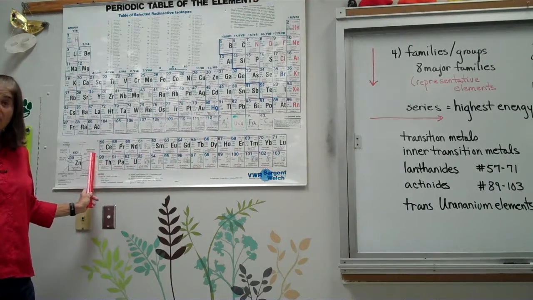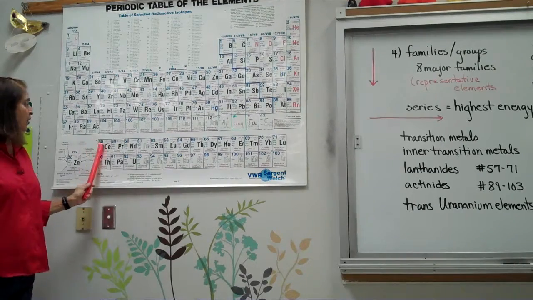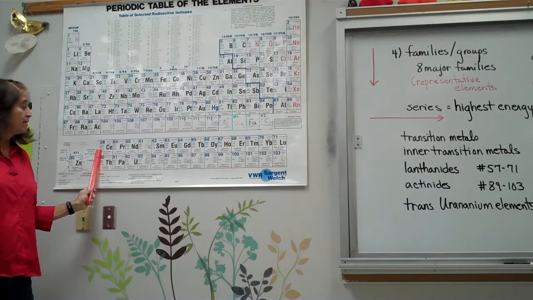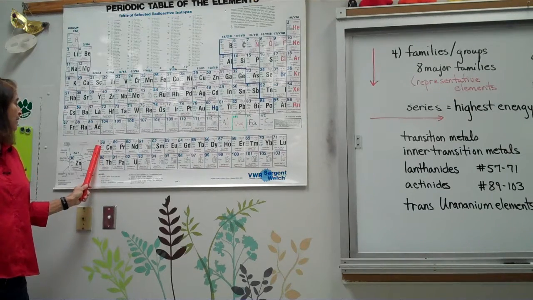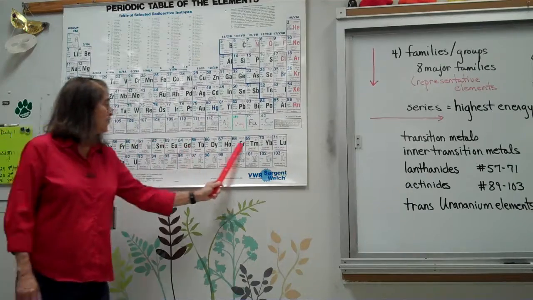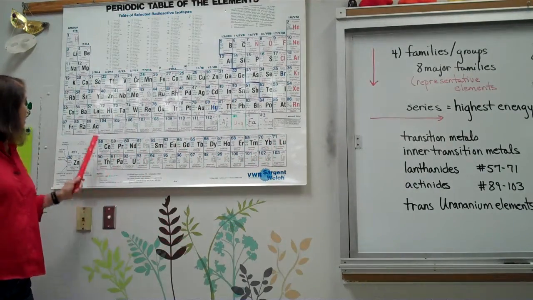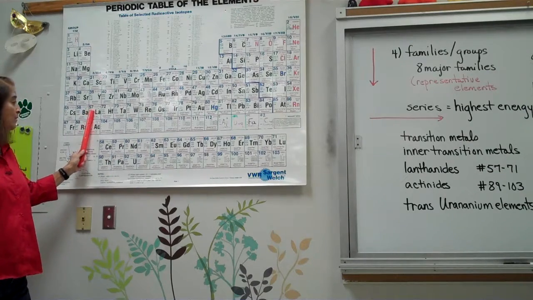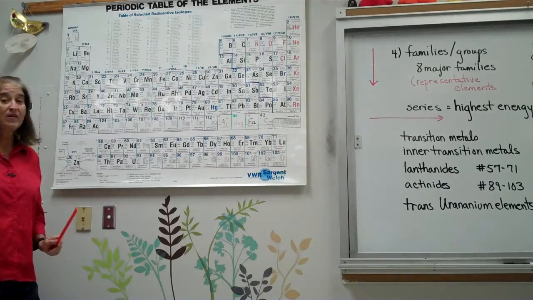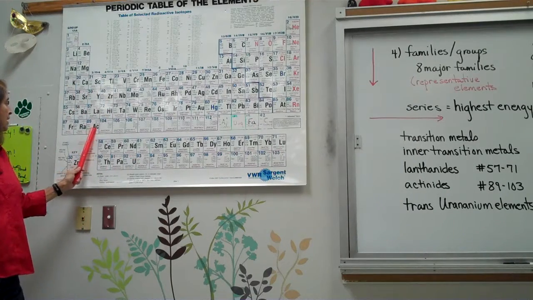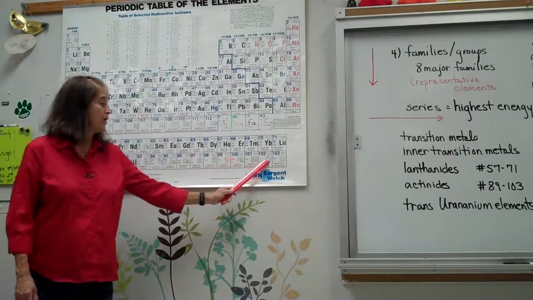So the F is our inner transition metals. Specifically, we refer to these, the 4F sublevel block, as the lanthanides or the lanthanoids, either one. These are elements 57 through 71. And then we have the actinides, starting here, which are elements 89 through 103.